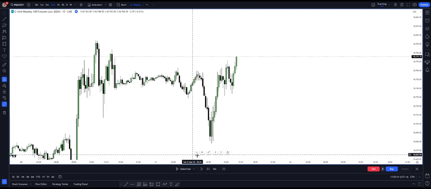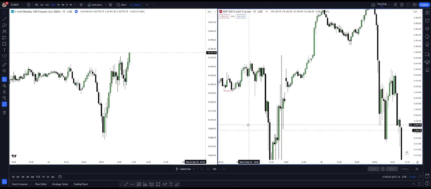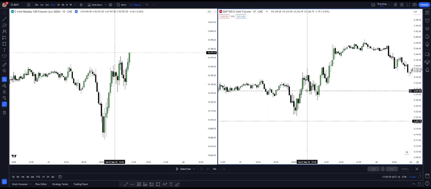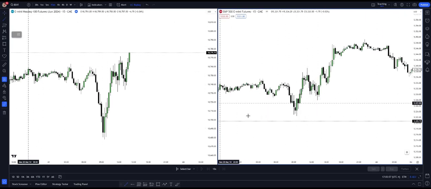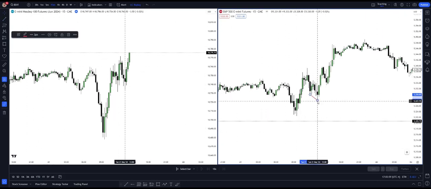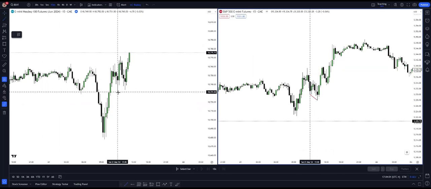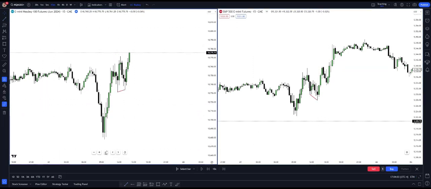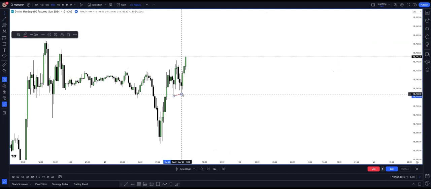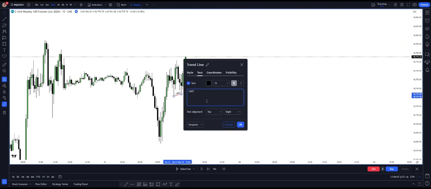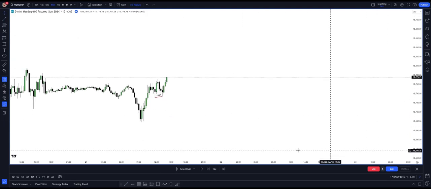In that consolidation, the market formed lows here and an SMT divergence. That is the first bullish SMT divergence. And because the SMT divergence is on the 15-minute, I'm staying on the 15-minute to find a framework.